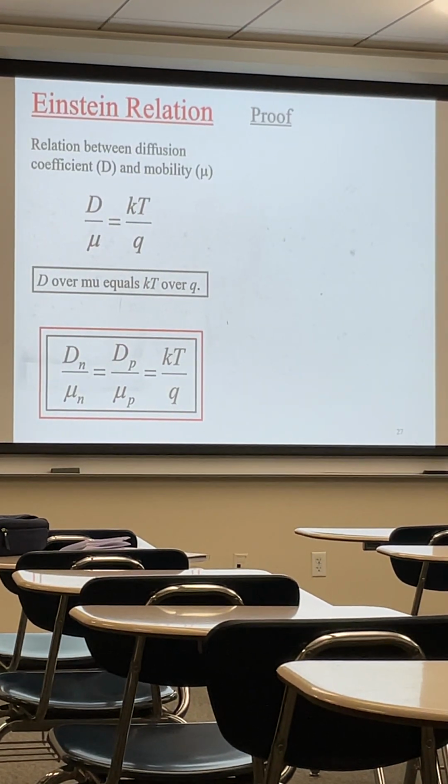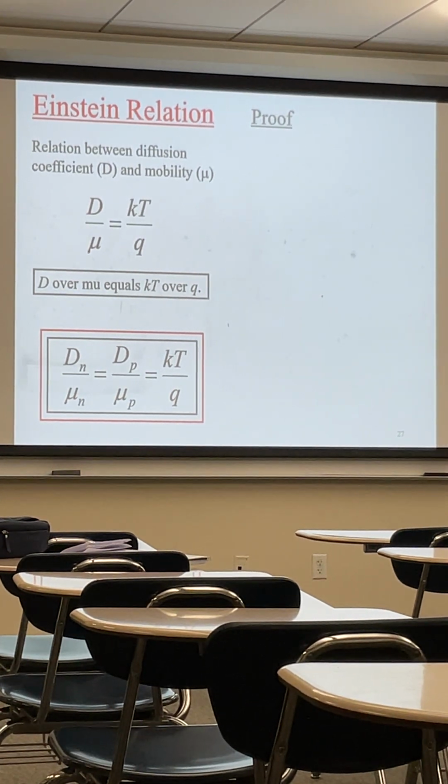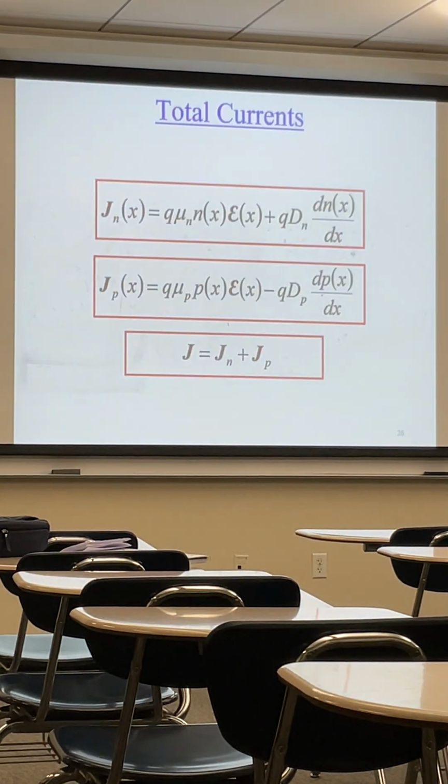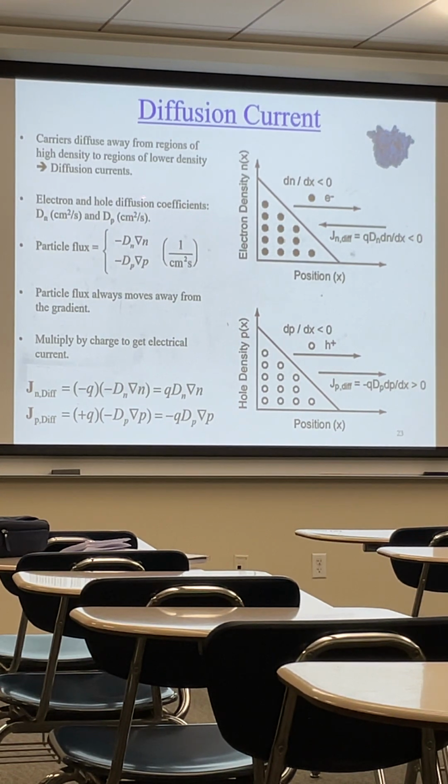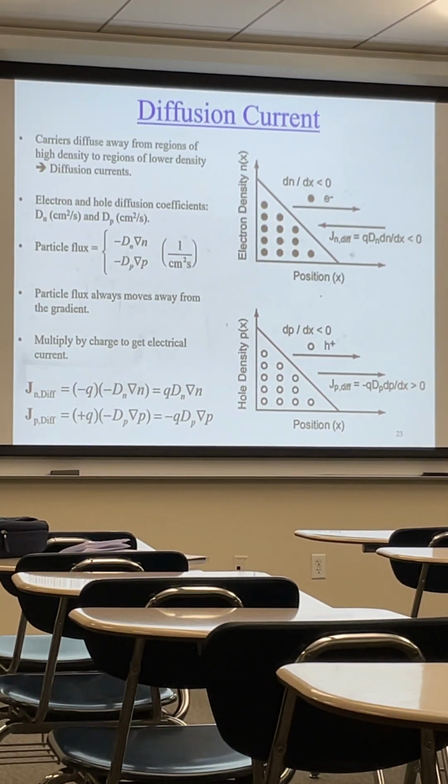Okay, so next I would like to show you an important relationship. Remember this current expression. So what's mu? Mobility, right? And what's D? The diffusion coefficient, which is some constant for a certain material.